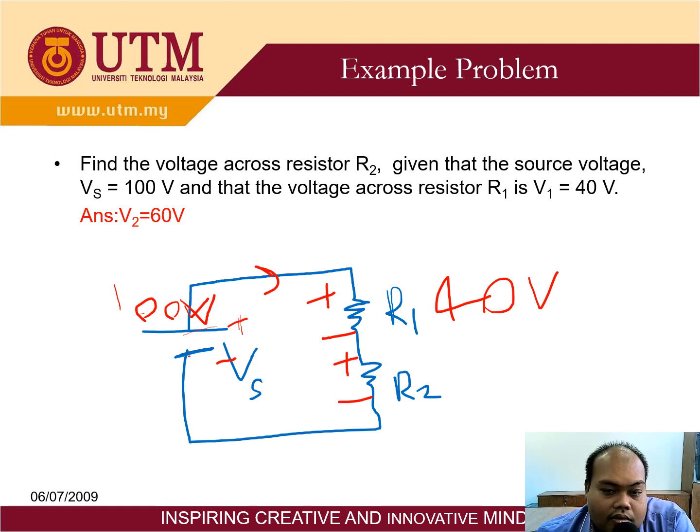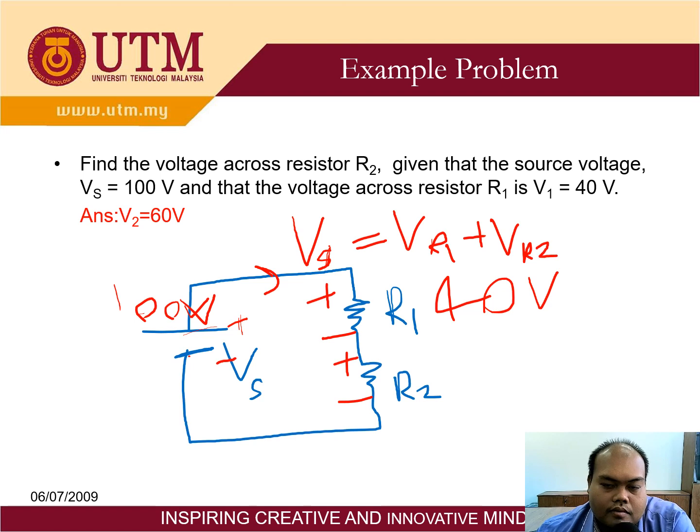Now you do the loop. Vs equals VR1 plus VR2.